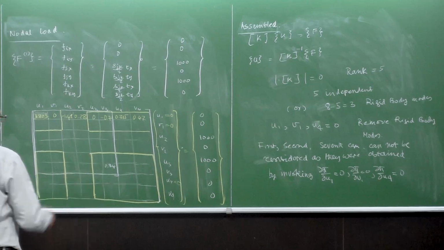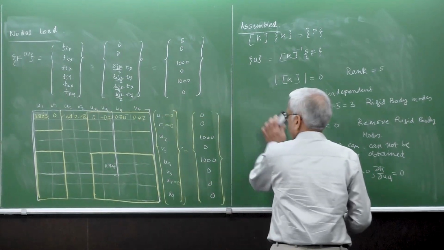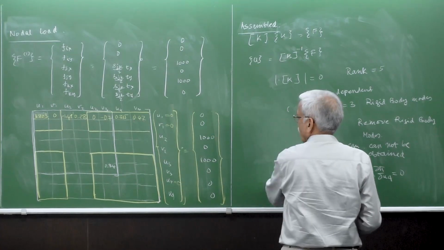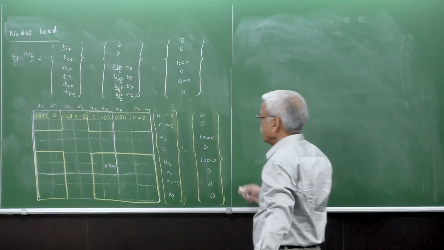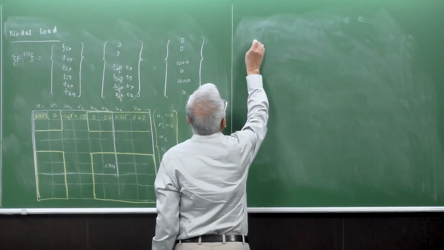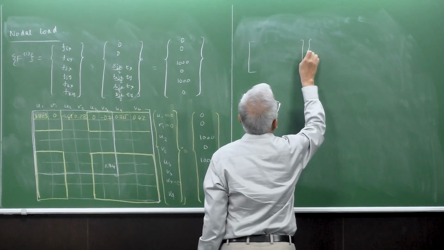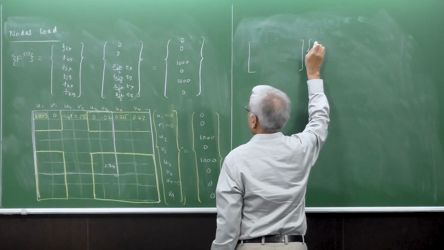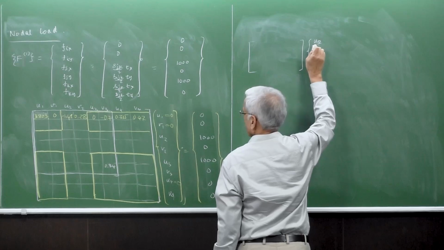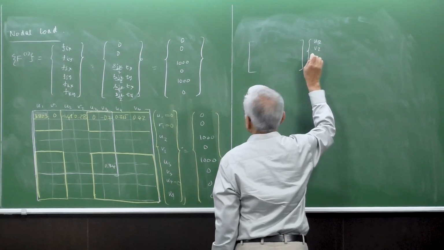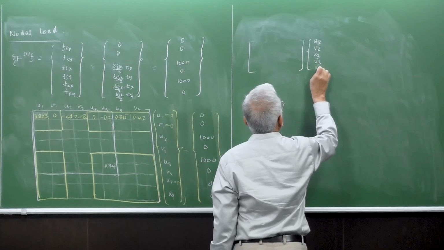Then you have to consider only the other equations, that is the third, fourth, fifth, sixth and eighth equation. So we rearrange them by taking u2, v2, u3, v3 and v4.